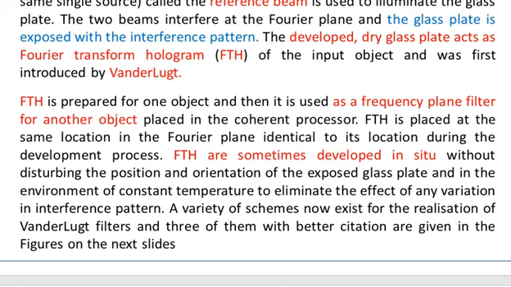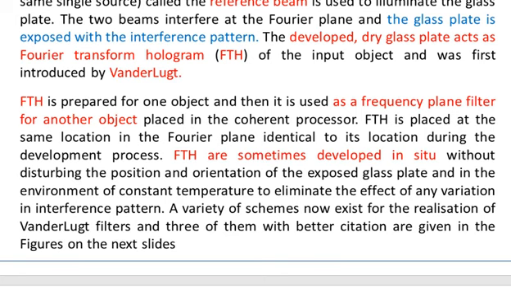A Fourier transform hologram is prepared for one object and then used as a frequency plane filter for another object placed in the coherent processor. The Fourier transform hologram is placed at the same location in the Fourier plane, identical to its location during the development process.